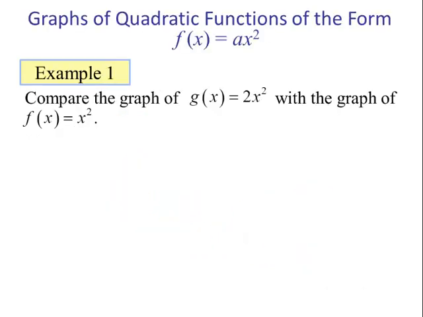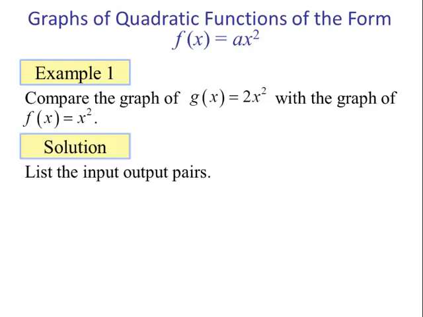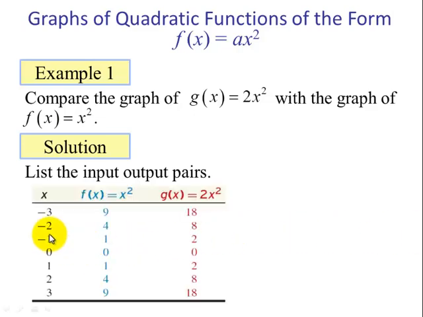Graphs of quadratic functions in the form f of x equals ax squared. Example 1. Compare the graph of g of x equals 2x squared with the graph of f of x equals x squared. Solution: if we construct a table of values, pick some negative x's, some positive x's, and 0.